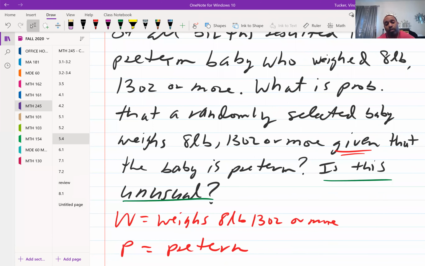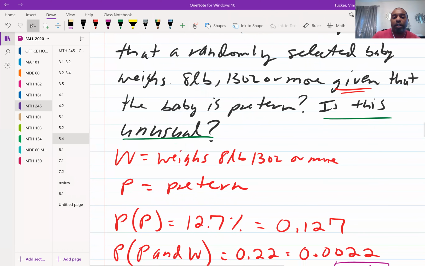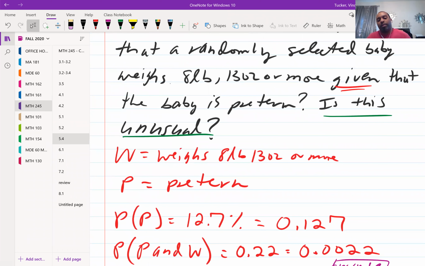So I decided to call W the event weighs 8 pounds, 13 ounces or more, and P preterm. So we shorten up. Now we describe and deal with the problem. The probability of getting preterm is 12.7%, so I'll convert it to a decimal.